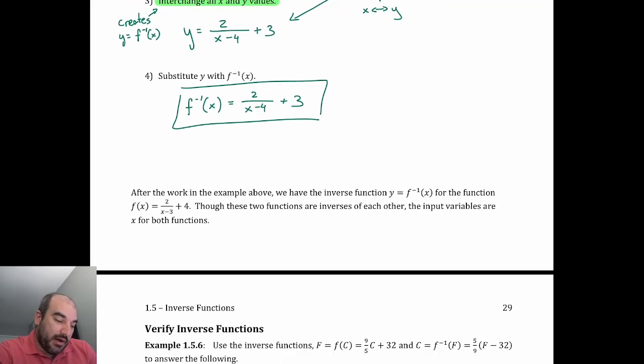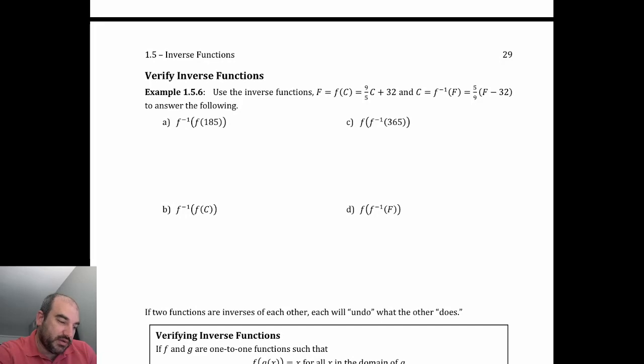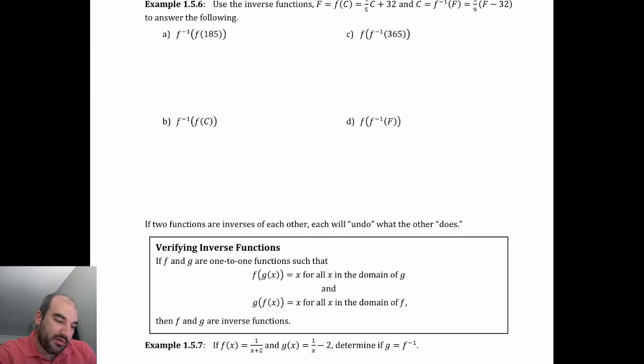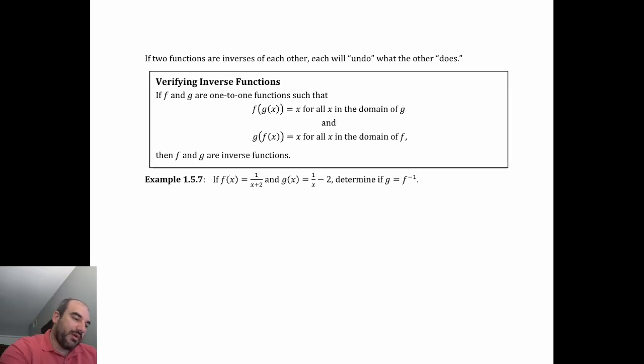Let me see what else we have here. You guys can do that example. I believe in you. Let me talk about what's in this box here, and then I'll get you started on this example. This box is talking about how to verify or check if two functions are inverses.